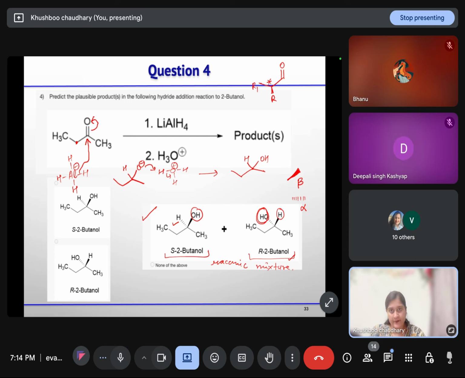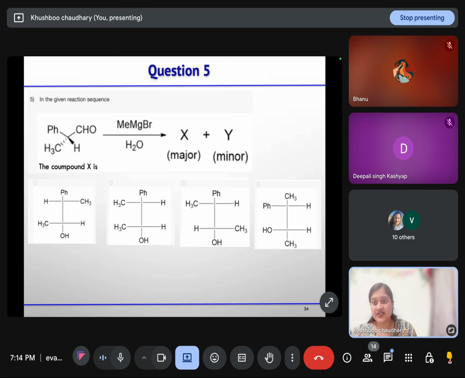Then the next question is, in the given reaction, can we apply the Felkin-Anh model? Yes, because your alpha carbon is chiral. So let's draw. We have this carbonyl. Here we have hydrogen.